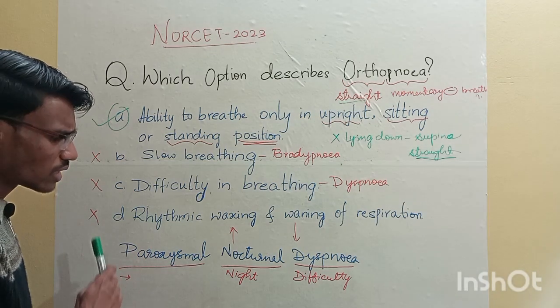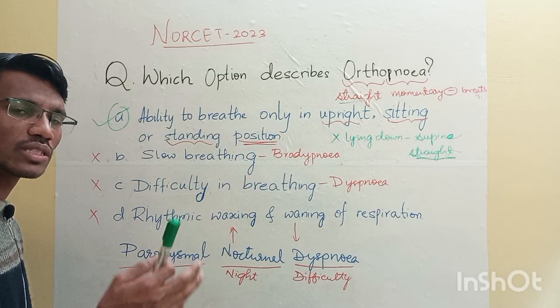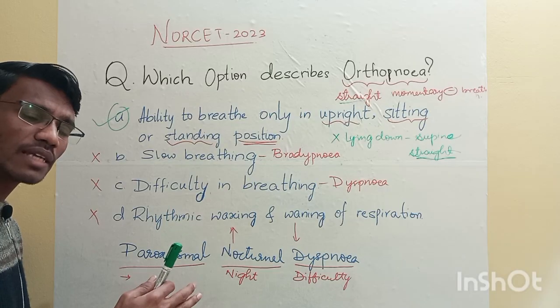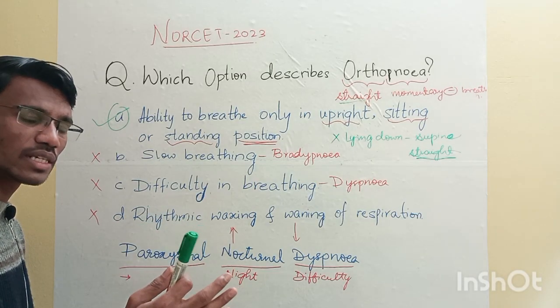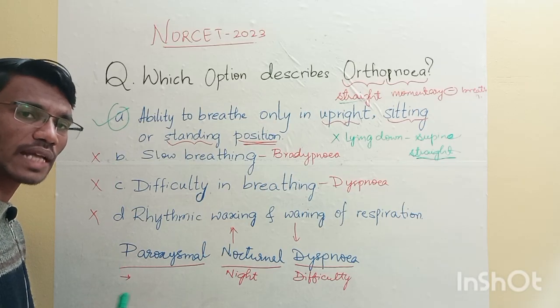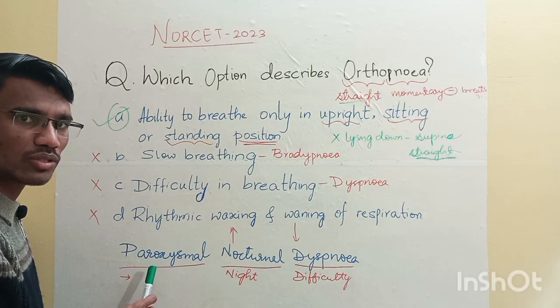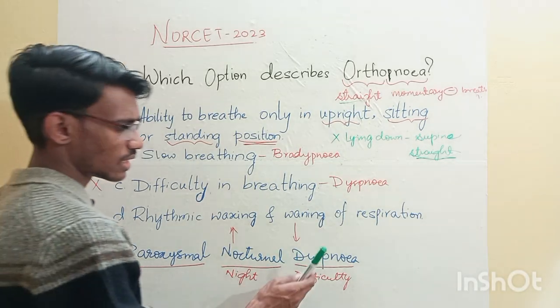It is not that the patient feels better after inhaling the oxygen. It is because of the position, because he wakes up, he is in an upright position. He goes to the fresh air and feels that fresh air has relieved his symptoms, but actually the upright posture has relieved his symptoms. So that is the paroxysm here. Hence it is called paroxysmal nocturnal dyspnea.